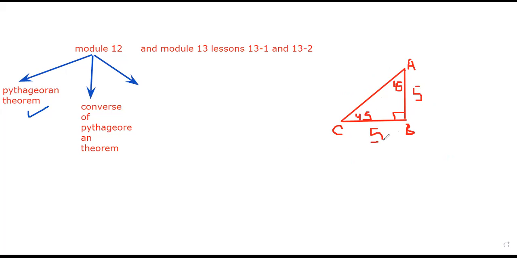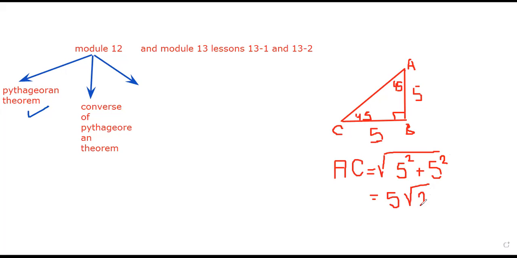And then I want to find the third side, so AC, which represents the hypotenuse, it will be equal square root of 5 to the power of 2 plus 5 to the power of 2. So by the end, you will find that the answer is 5 root 2. Okay, it's 5 root 2.